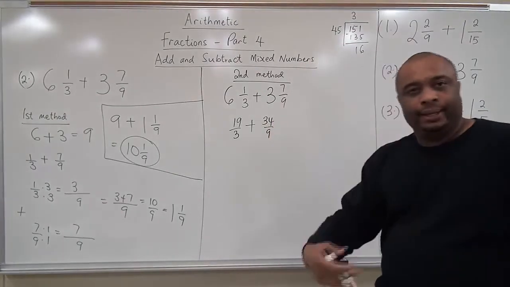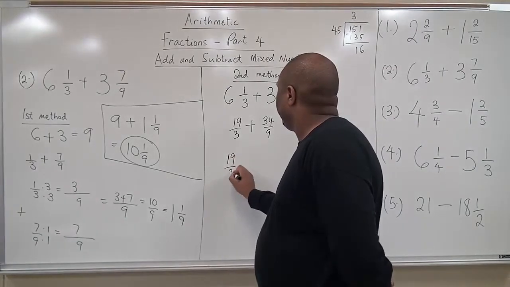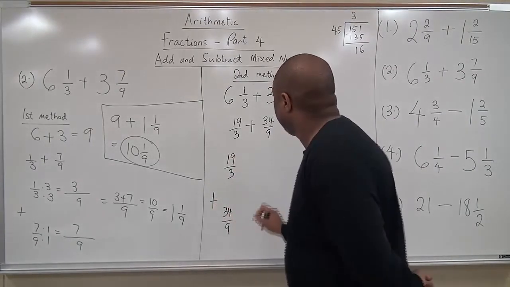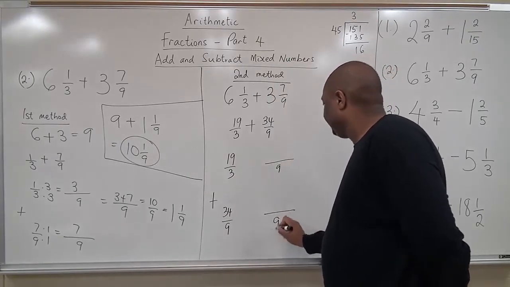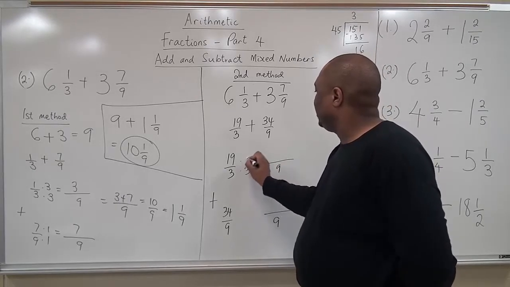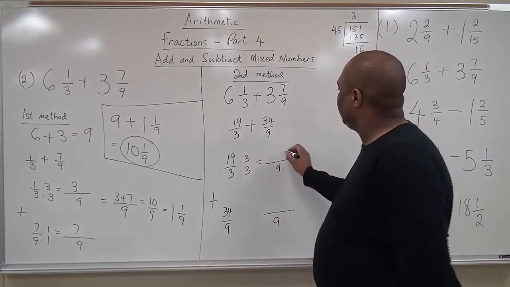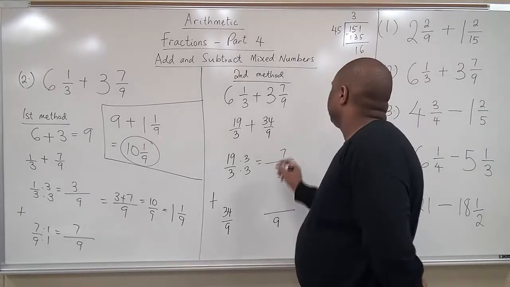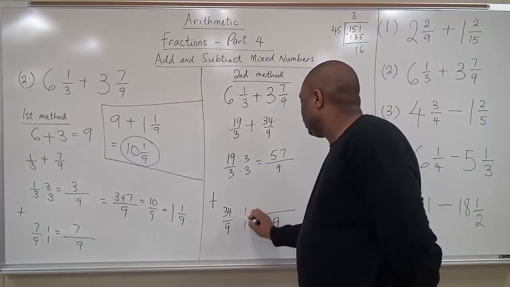I like doing mine in vertical form, vertical method. 19 over 3 plus 34 over 9. The LCD will be 9. 3 to give you 9 will be times 3. Then also this will be times 3. 3 times 9 is 27. Carry 2. 1, 3 plus 2, 5. 9 times 1, times 1.